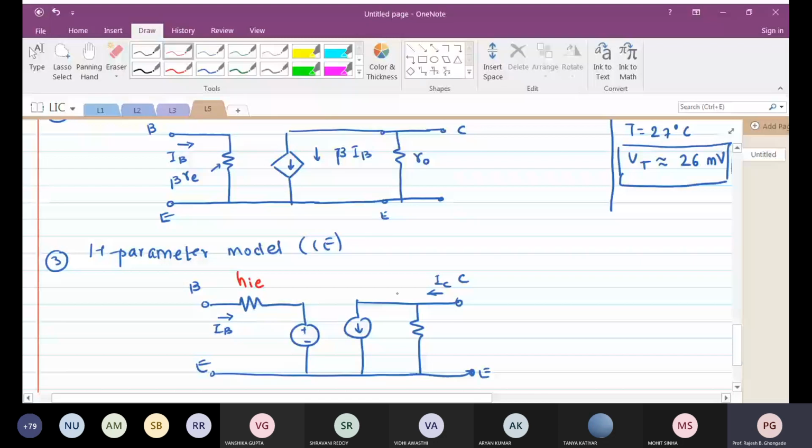Then this was 1 by HOE. What about this? This was HRE into VCE. And what about this? HFE into IB. Do you remember that?